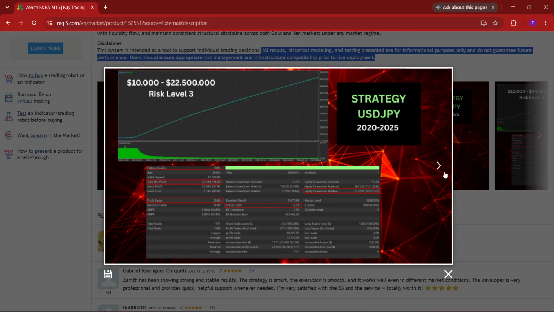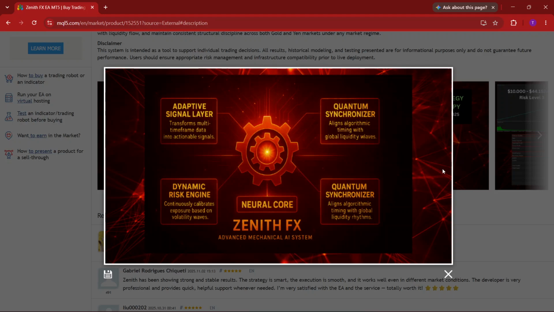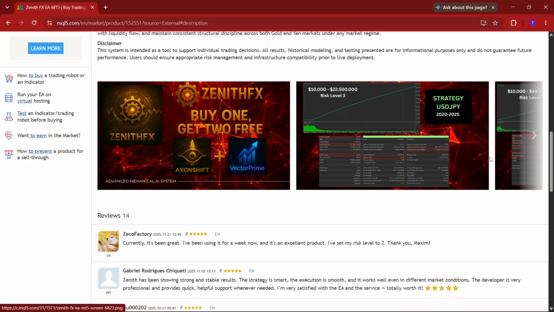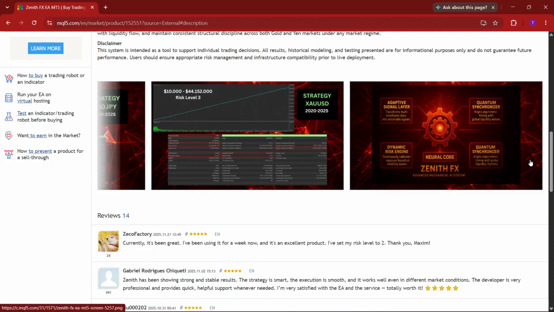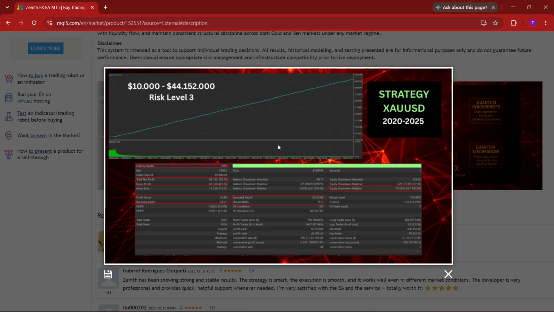Now let's compare this with the Japanese yen. Let's see if we can find gold because I did my backtest on gold. You can see it over here. Looking over to the gold USD, they tested it from 2020 to 2025.